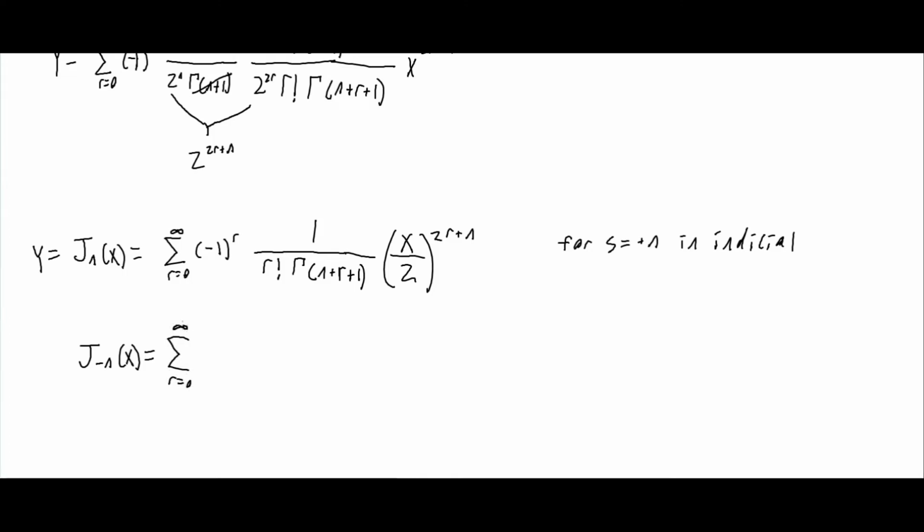So r equals 0 to infinity of minus 1 to the r multiplied by r factorial times the gamma function. And so this is where we have a difference. So now we have minus n plus r plus 1, so it's 1 over that. And then we have x over 2 to the 2r minus n. And so that is for s equals minus n in our original indicial equation.